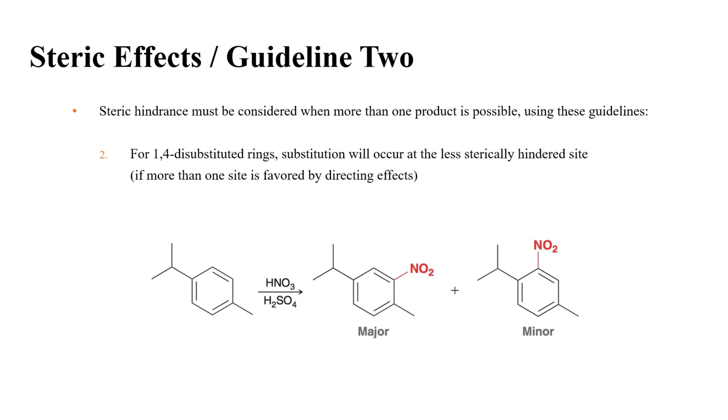Now, let's say you have a 1,4 disubstituted ring, and both of the groups are ortho-para directing, right? Both of these are ortho-para directing. Well, you might ask yourself which of these groups is going to win as far as getting a nitro group.